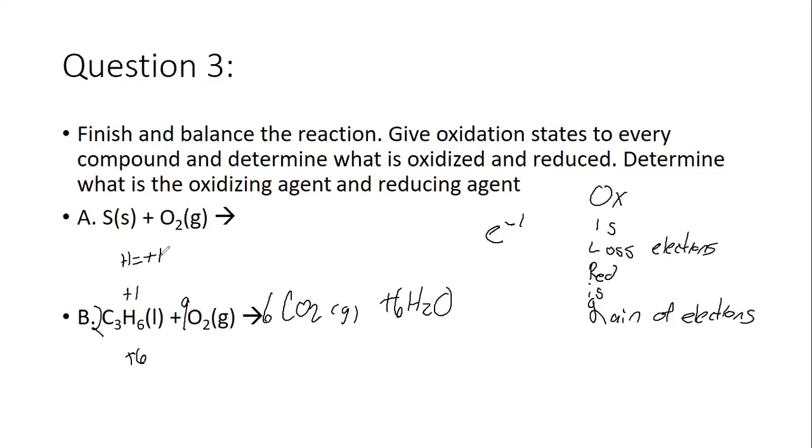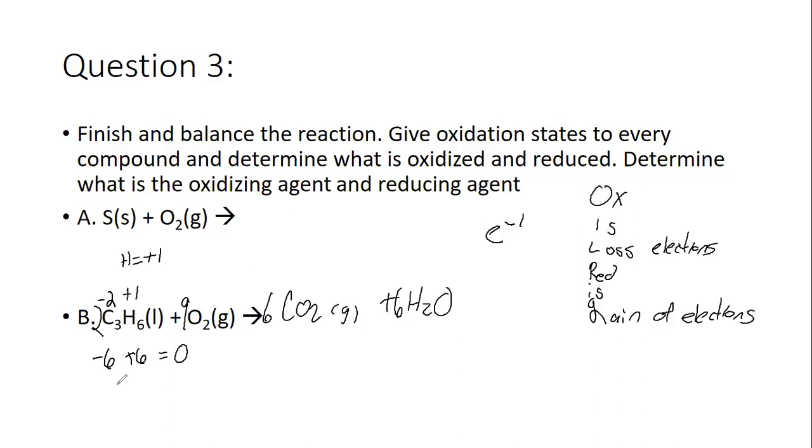So we have hydrogen, now we need to do carbon. So C3H6, there's no charge. So all of the redox numbers in C3H6 when added together have to equal 0. That means all of the carbons together have to be -6, because -6 + 6 = 0, which means carbon is -2.